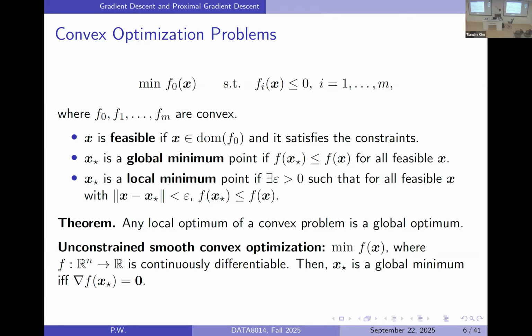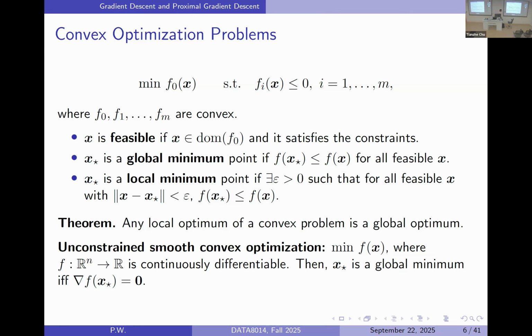Obviously both of these two points are local minima, but this one is not a global optimum, because this function is not convex. Note that this theory holds only for convex functions: any local optimum of a convex function is a global optimum.